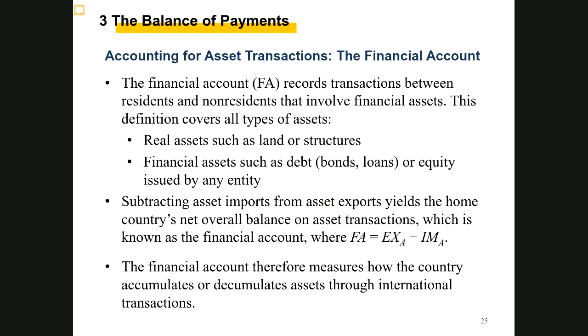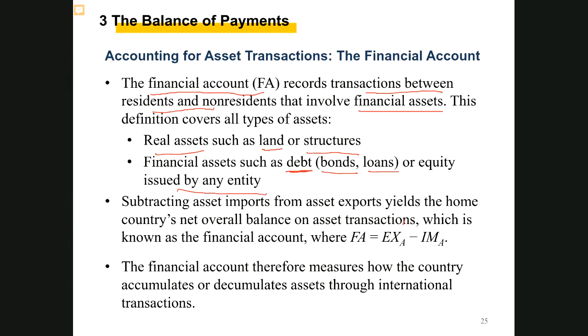Okay, so let's see, in another term, it's called financial account. It records transactions between residents and non-residents involving financial assets. So this definition covers all types of assets: real estate such as land and structures, financial assets such as debts like bonds or stocks or loans, or equity issued by any entity. Okay, so I have current account, right?